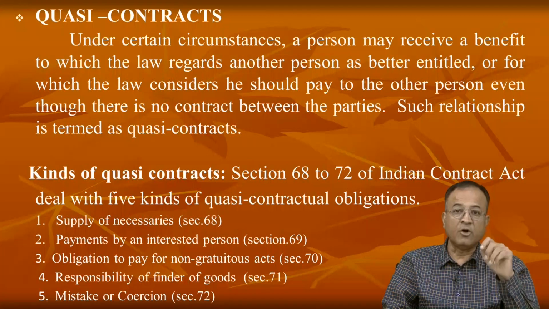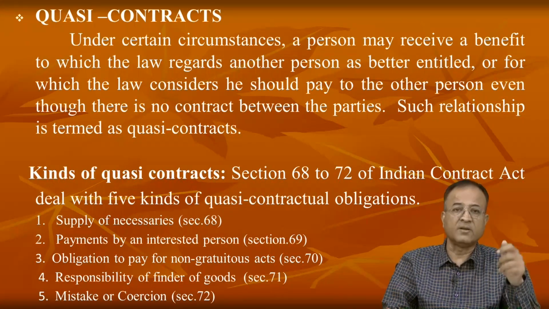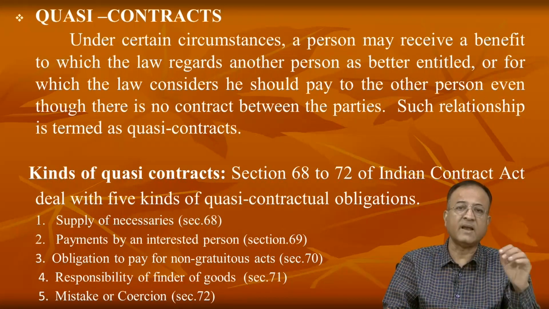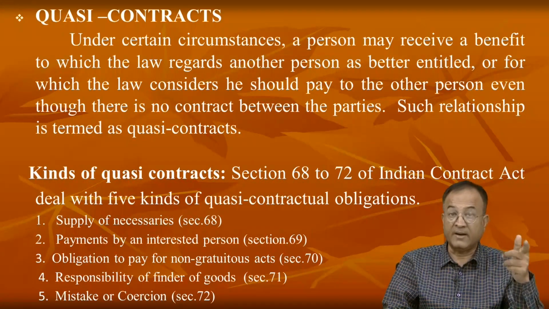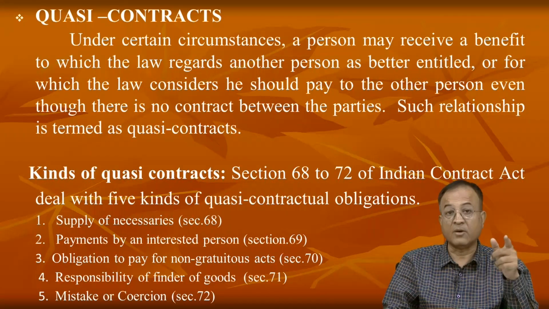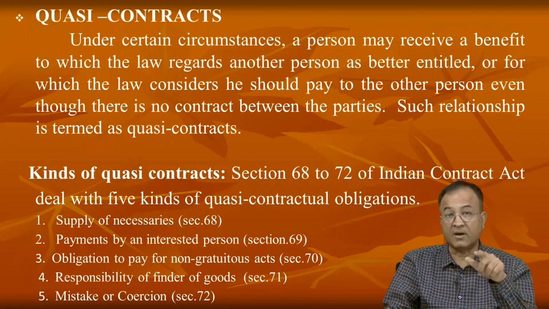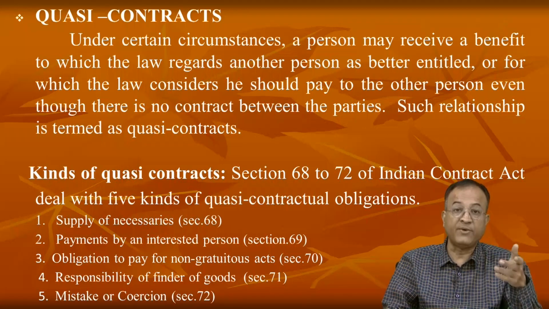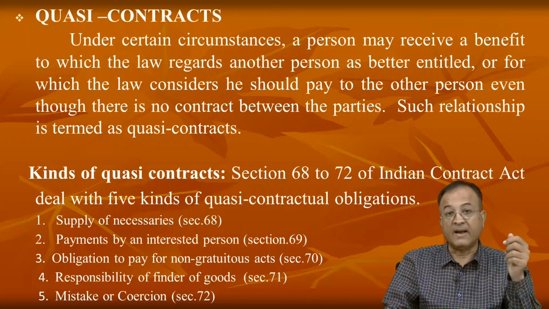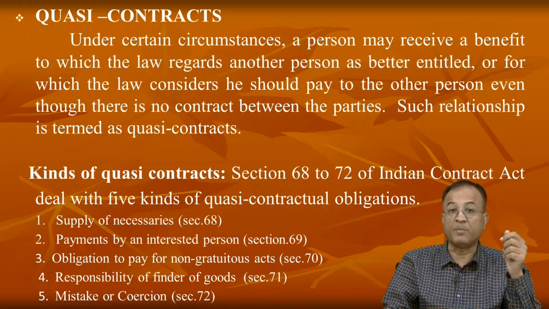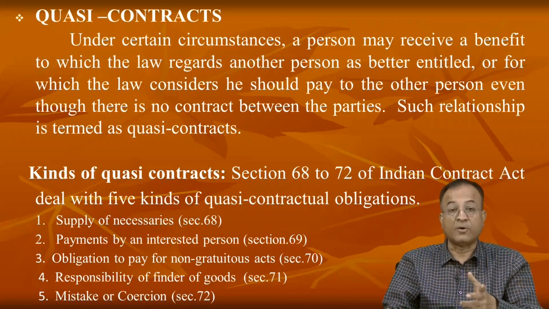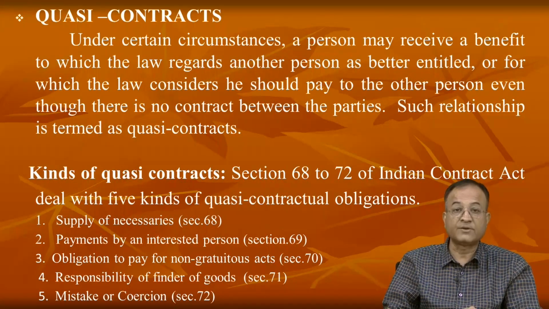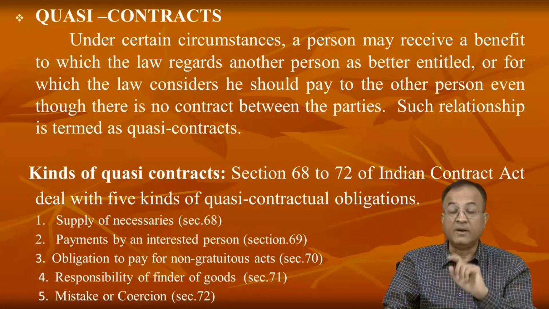When a person lawfully does anything for another person or delivers anything to him, not intending to do so gratuitously, and such other person enjoys the benefits thereof, the latter is bound to make compensation to the former in respect of, or to restore, the thing done or delivered.